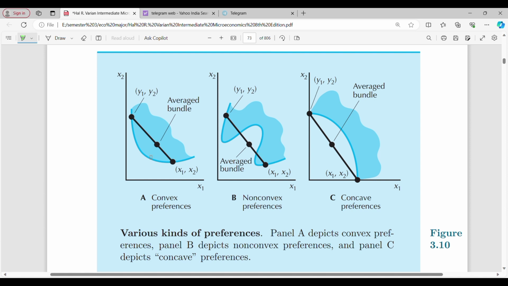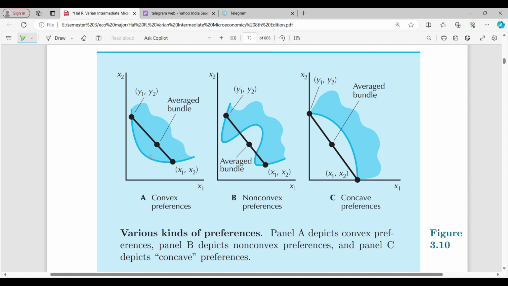If I like ice cream and I like olives, but I don't like to have them together, considering my consumption in the next hour, I might be indifferent between consuming 8 ice creams and 2 olives, or 8 olives and 2 ice creams. But either one of these bundles would be better than consuming 5 ice creams and 5 olives. So these are the kind of preferences depicted in this concave preference.